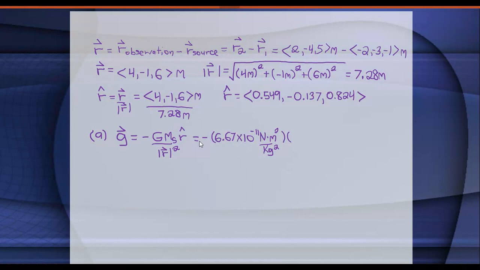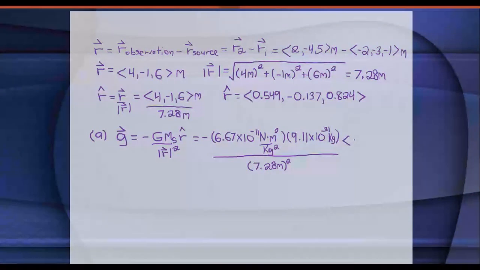At the source location we had an electron, so that's a mass of 9.11 times 10 to the negative 31 kilograms. Then we divide this by r squared, so r is 7.28 meters, all squared.